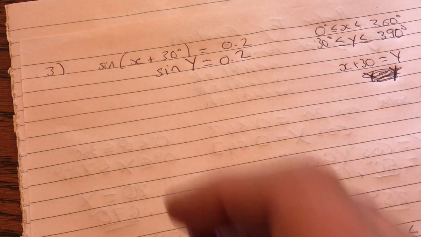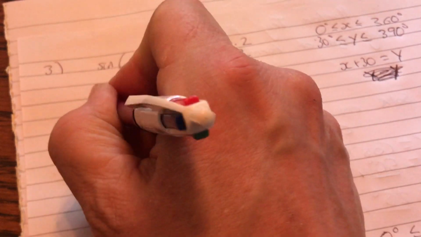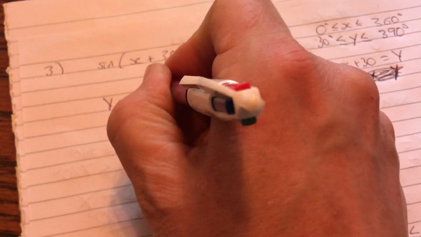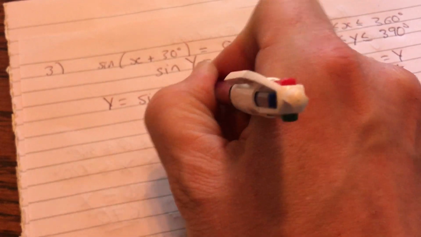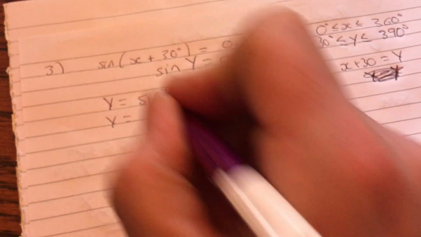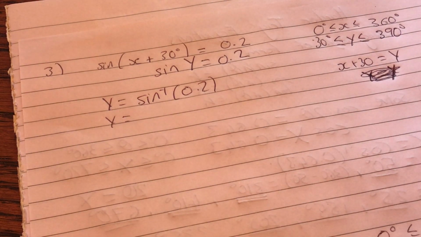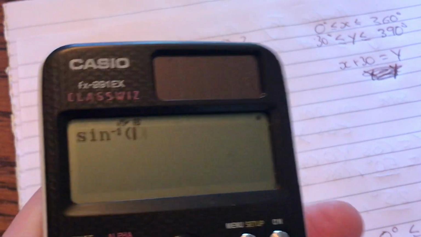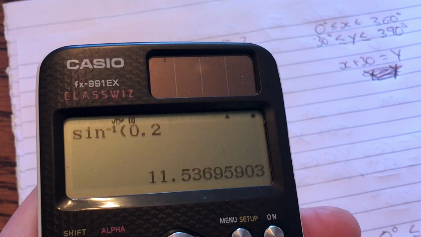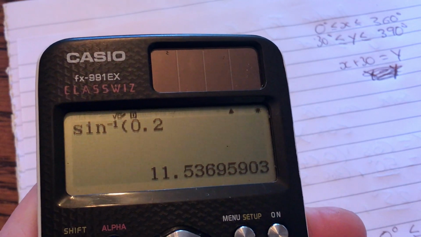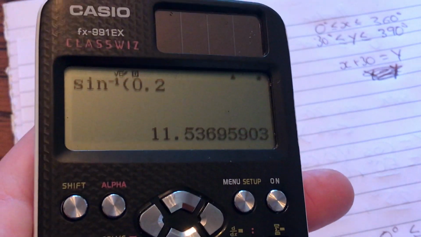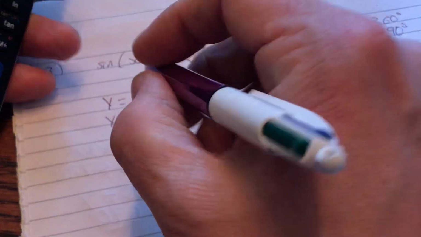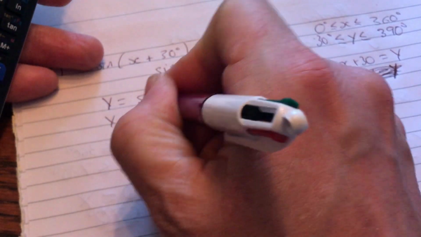Right, let's have a look. So y is going to be the arc sine of 0.2. Shift sine 0.2; always make sure you're in degrees if you're working in degrees. 11.5, let's treat ourselves, let's do this to 1 decimal place. 11.5.